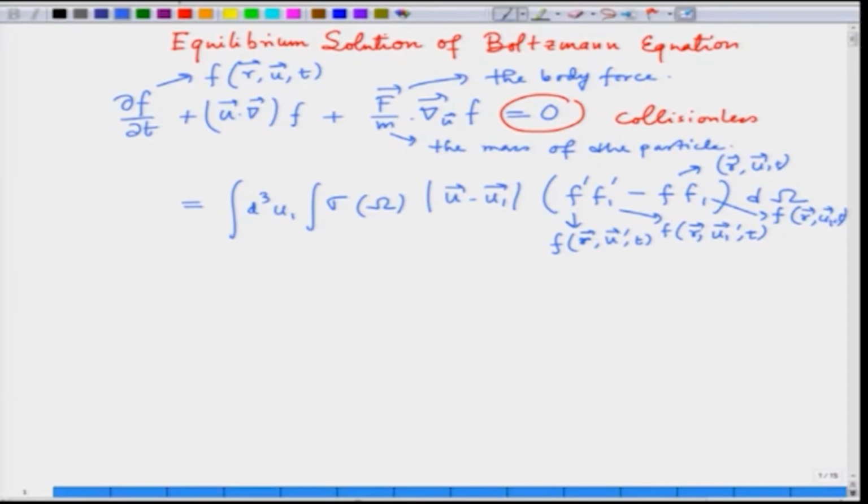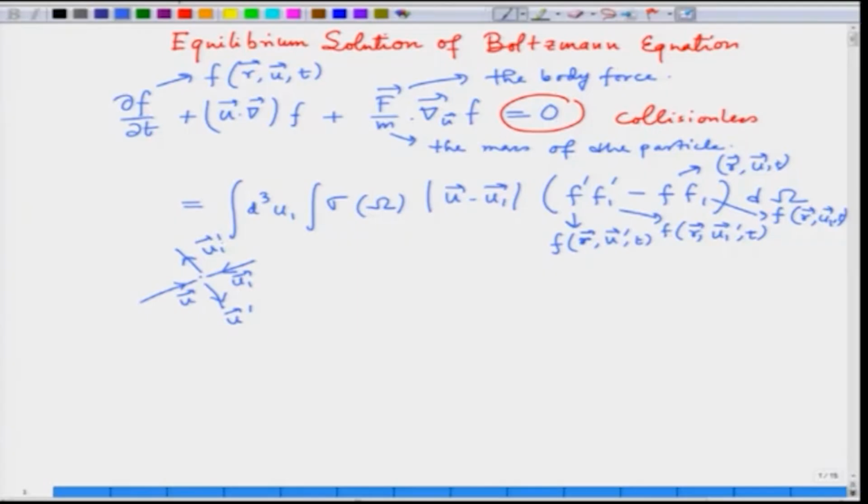This collision integral is valid when we were considering binary collisions of two particles. So, they collided, and before collision they had velocities u and u1, and after collision they had velocities u prime and u1 prime.